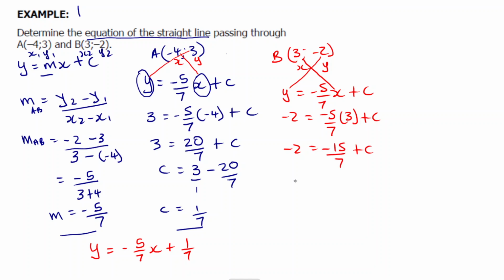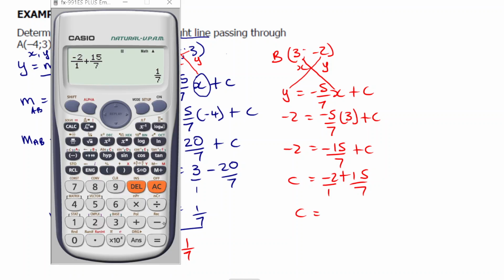So I want to find c. I take this negative 15 over 7 to the other side. It's going to be positive 15 over 7. Remember, this 2 is over 1. So let's punch this on the calculator. If you punch this on the calculator, negative 2 over 1 plus 15 over 7 will also give you 1 over 7.